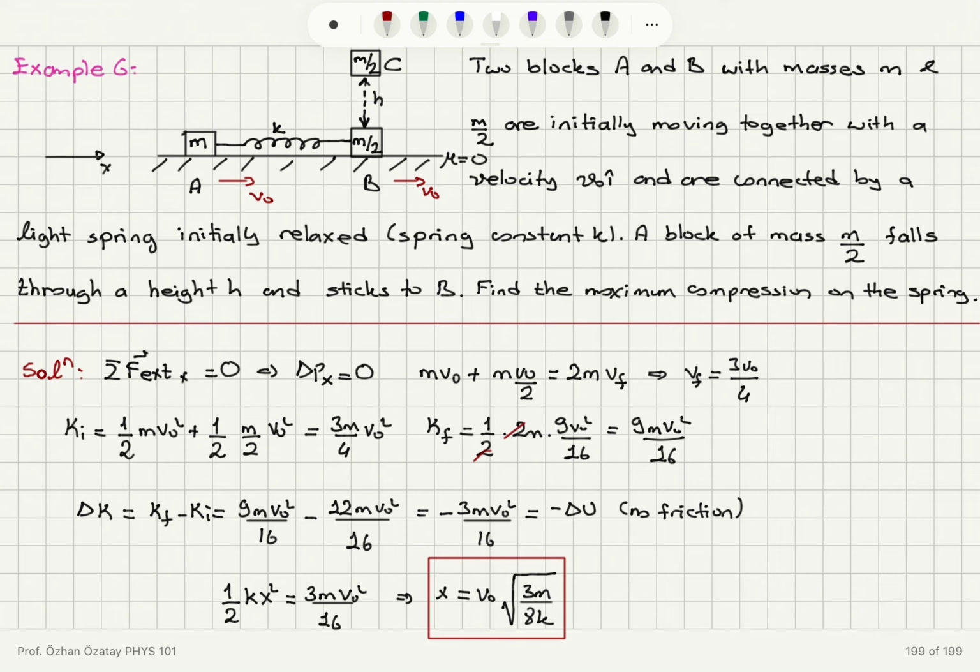Mechanical energy is conserved, so I must have a final compression on the spring, which will account for the decrease in the kinetic energy of the system, so that the compression will be v0 square root 3m over 8k finally.